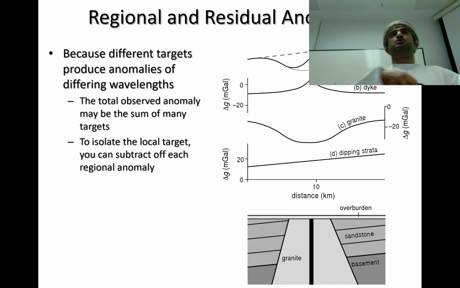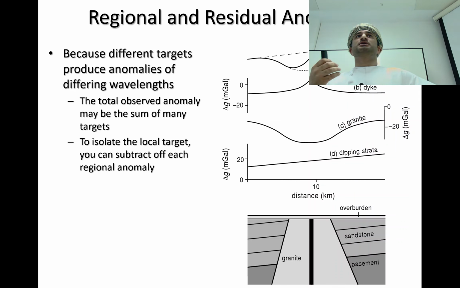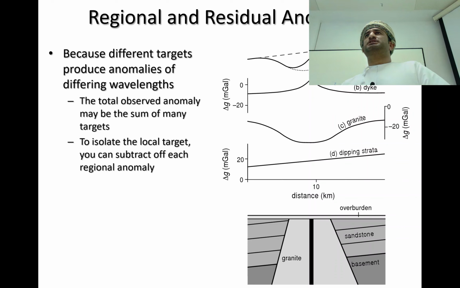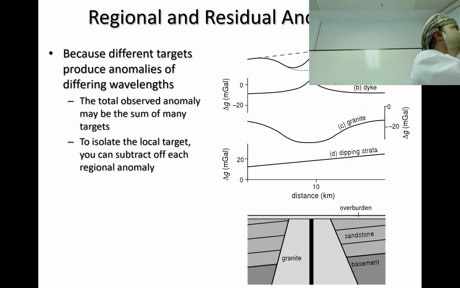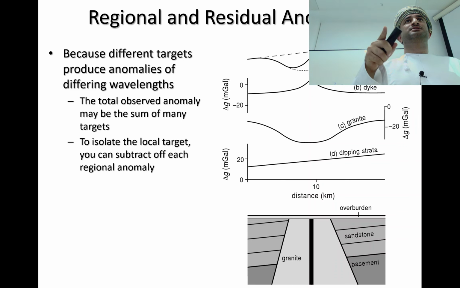So if you are good at removing data or doing filtering, I ask something. Which of these features is of highest frequency? Is it the dike, granite, or dipping strata? Highest frequency.